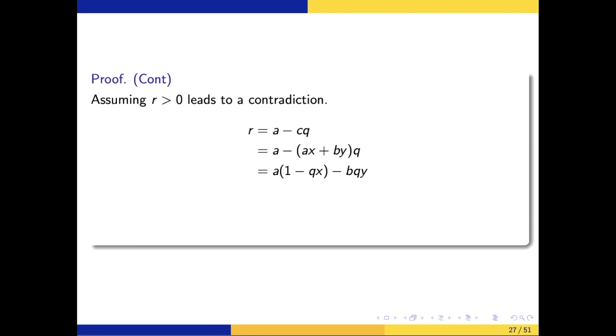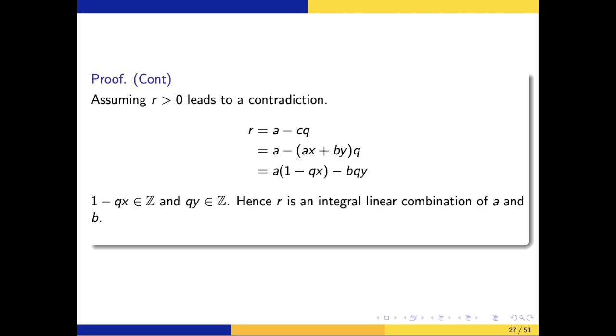So that means that a minus (ax plus by) times q is equal to r. And simplifying, we get that a times (1 minus qx) minus bqy is equal to r. Now 1 minus qx and qy are both integers.